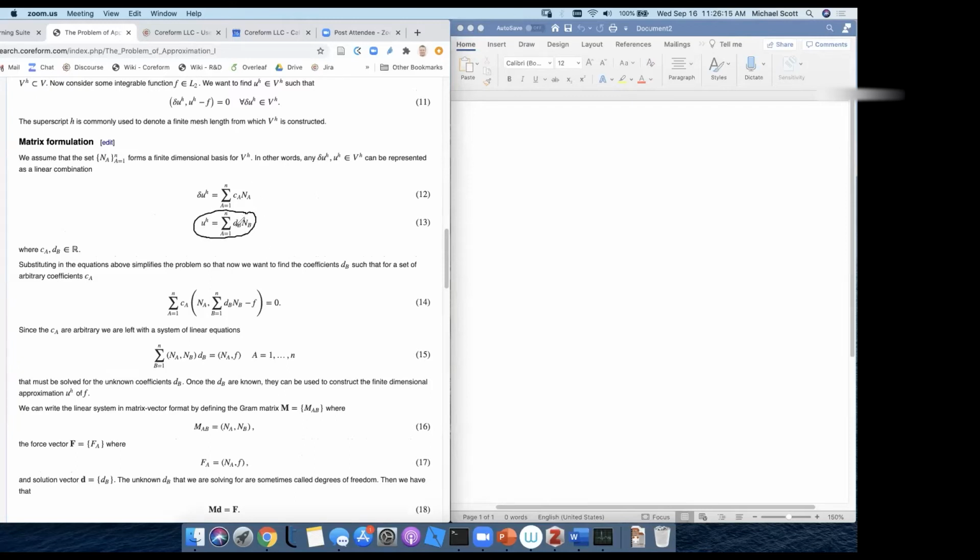Notice that it's written in terms of some coefficients times some basis functions. So maybe we could do something like this. So we have U_h of xi is equal to d_A N_A of xi. That's fine. Why don't we do this?